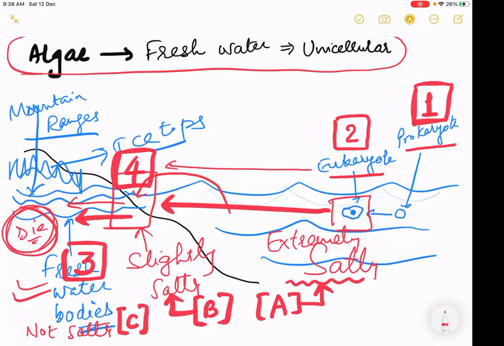They have evolved a new organelle called the chloroplast, and that is why the first unicellular algae developed in fresh water. Ready? So algae evolved in fresh water in unicellular form.